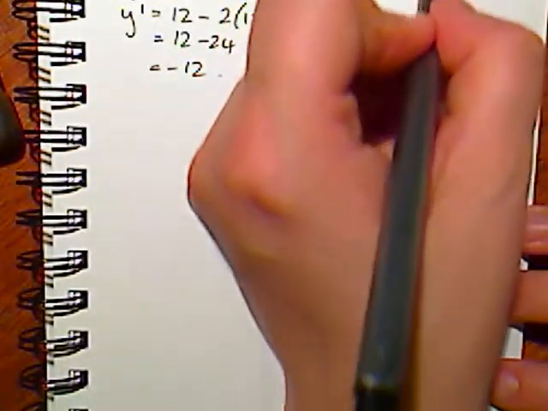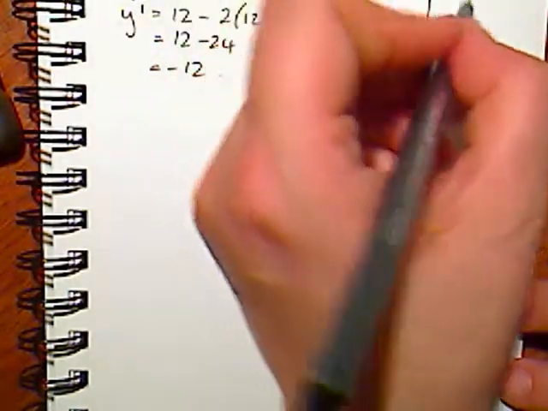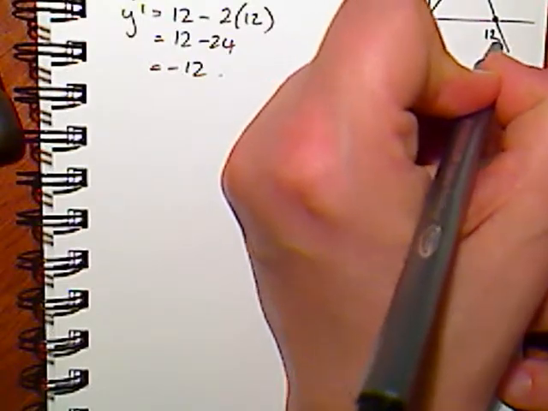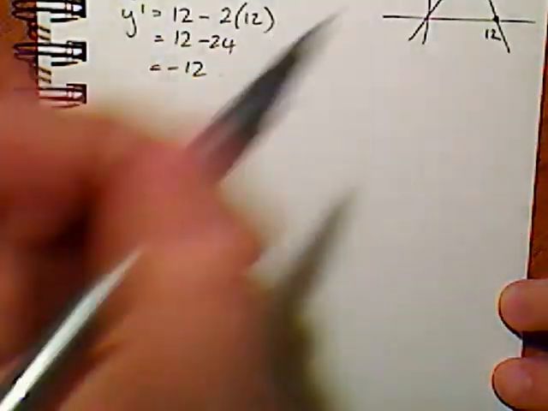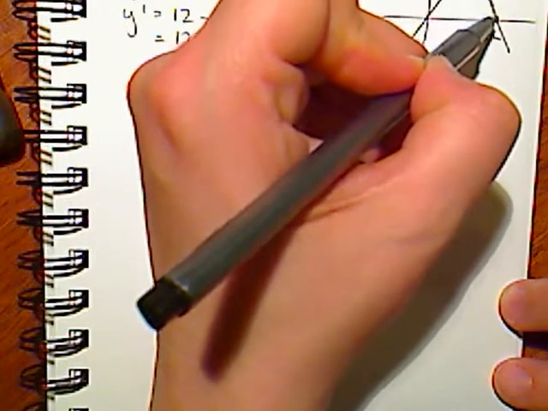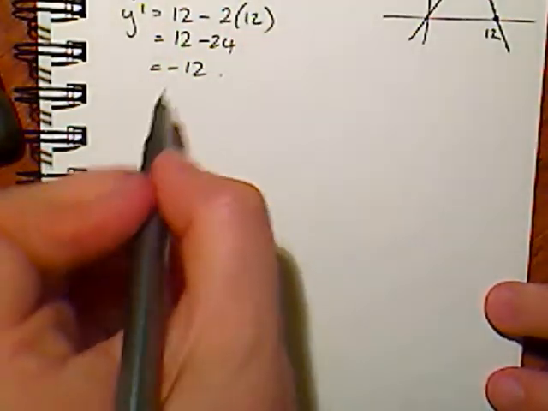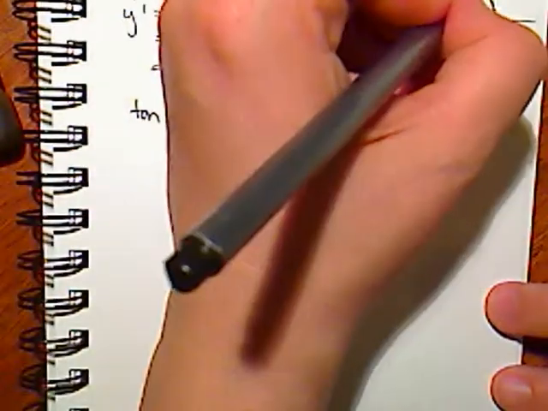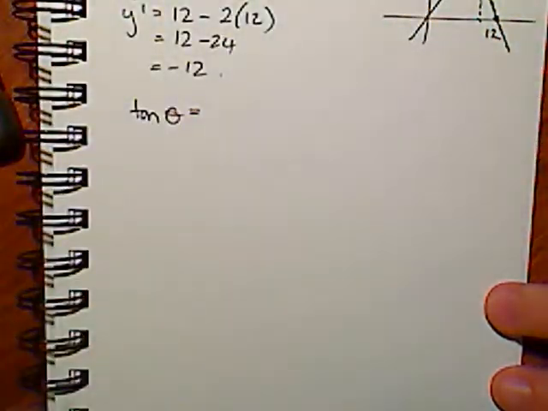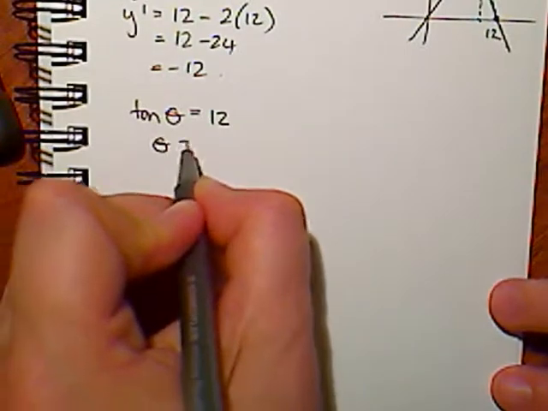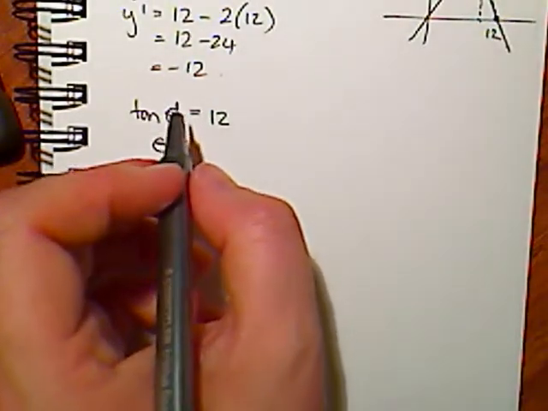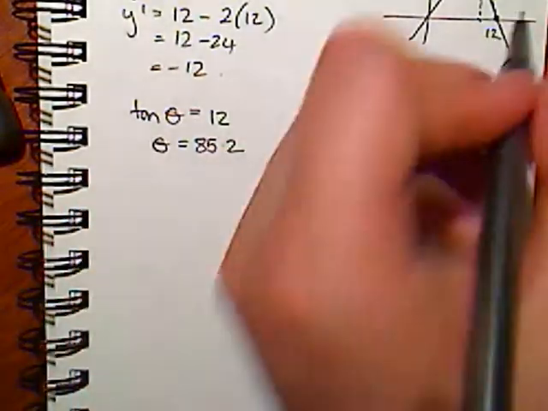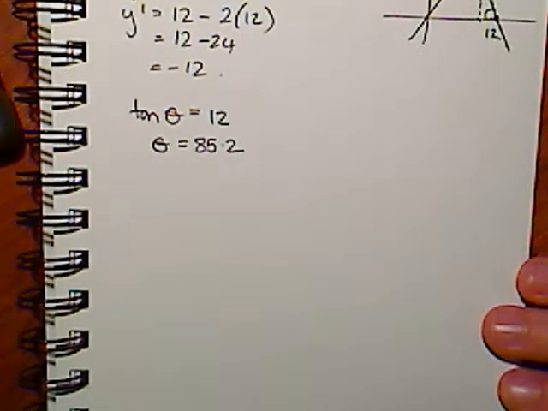So remembering we've got this and we're finding this gradient there, the angle there, but this is of course on this side.